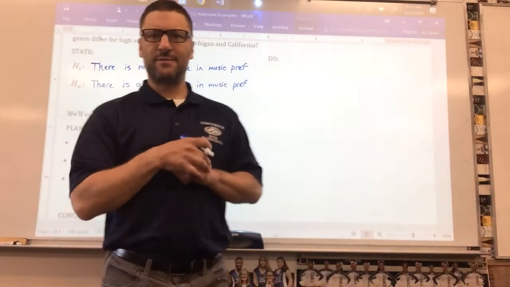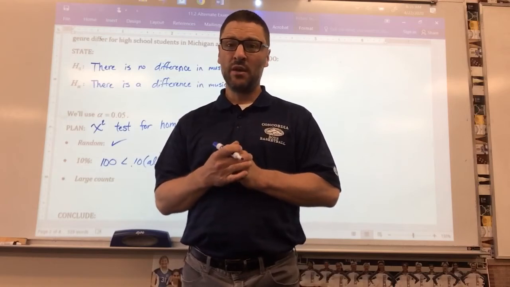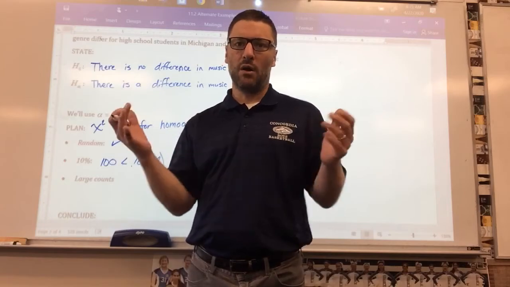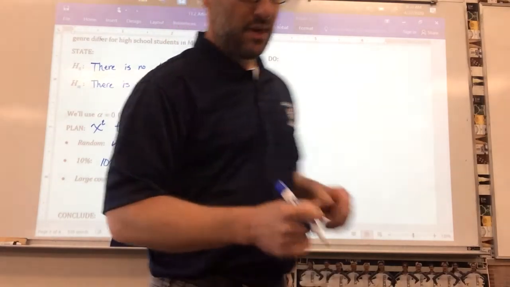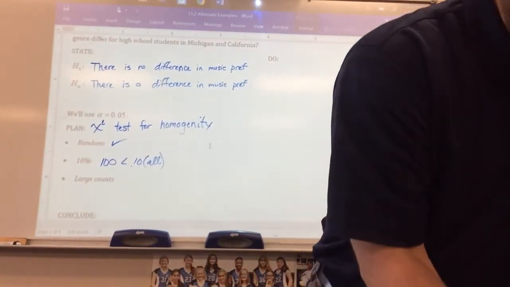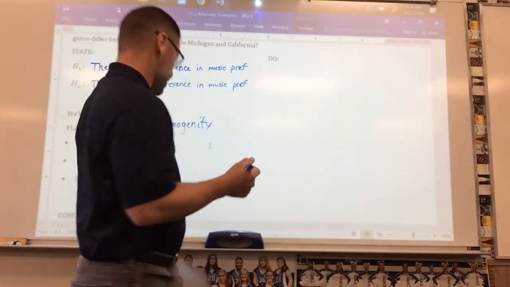And the large counts is the first place we hit a snag. We're going to have to go over to this do column, because we need to figure out, are all of our expected counts, do we have enough? I'm going to grab my paper here. My do step is going to require us to make a chart.